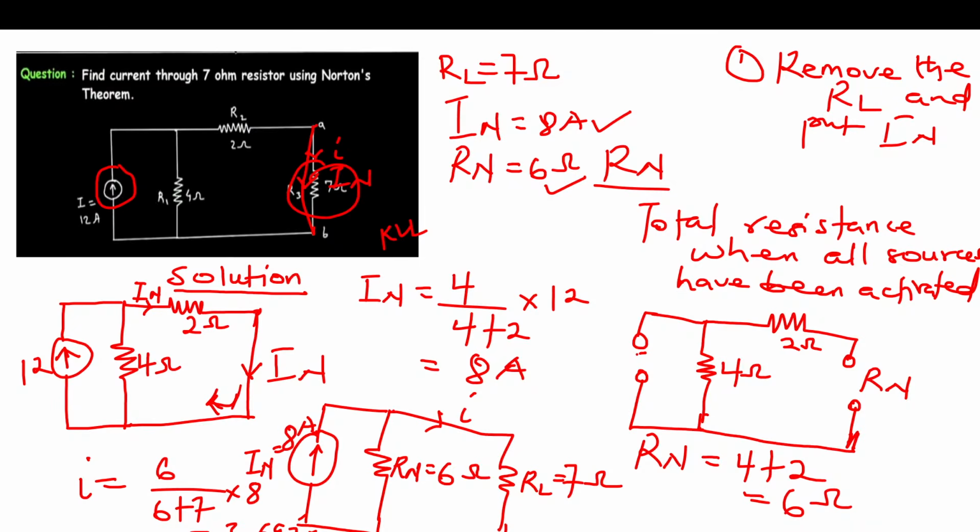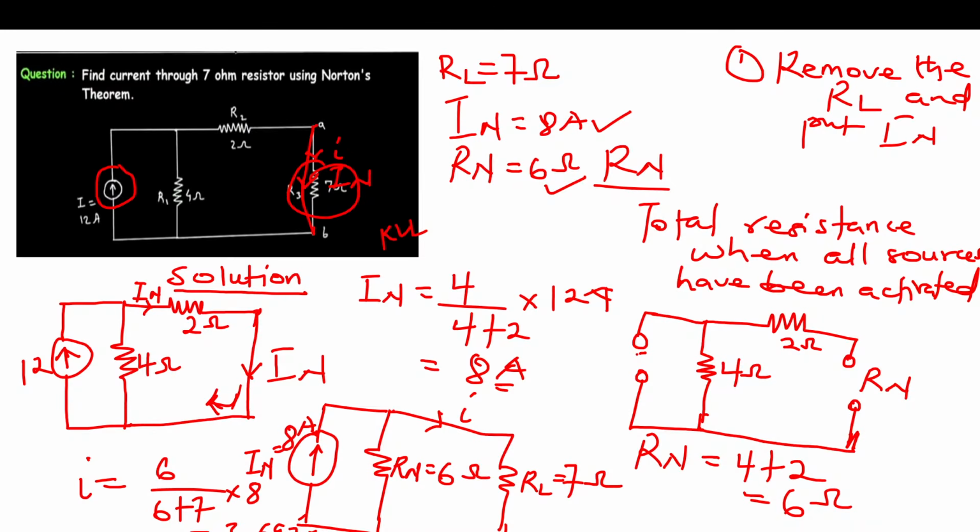So in this case, since you have 2 and 4 connected in parallel, and we are trying to share the current, we consider 4. So 4 over 4 plus 2 times the total current which is being shared, in this case 12 amperes. So that is how we got our IN. 4 over 6 times 12, which gave us 8 amperes. Do you get it? Good.